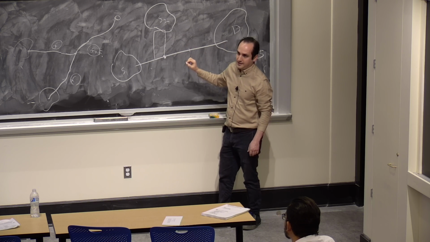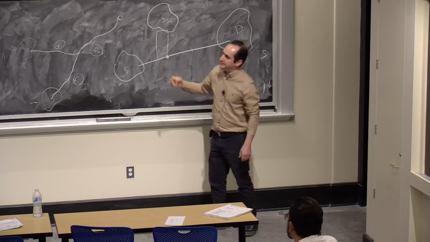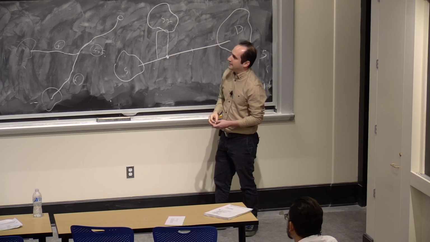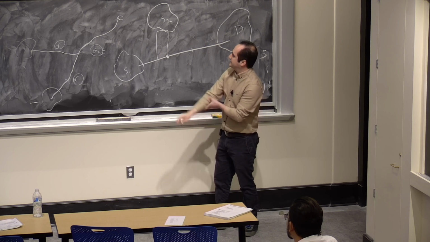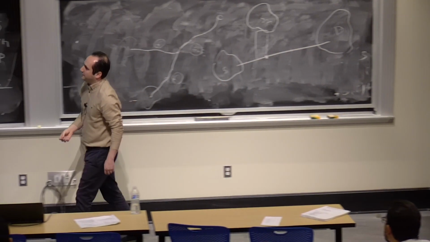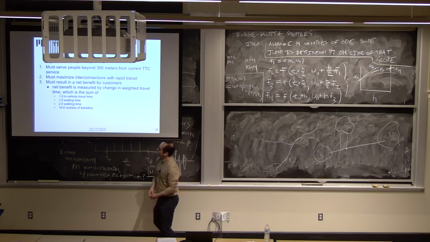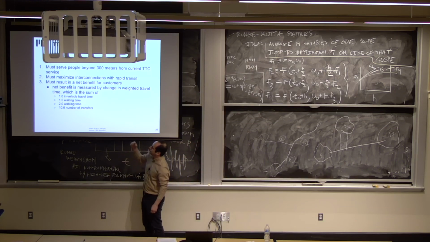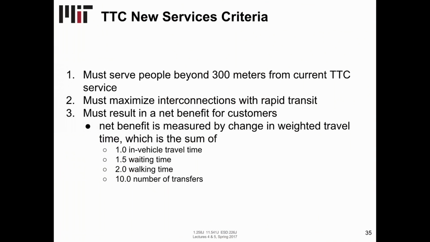detour. And then how do we compute the total generalized cost that is experienced by the passengers? There are some equivalent values that are usually used. For example, for every in-vehicle travel minute, you assume 1 in-vehicle minute. For every minute of waiting time, you assume 1.5 or so.